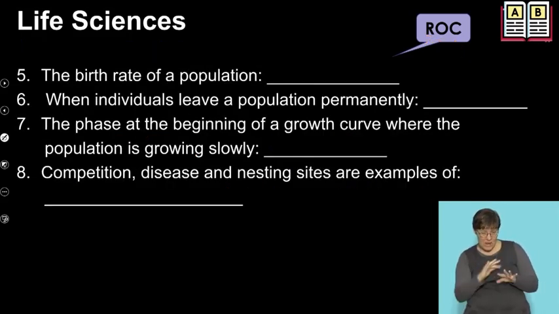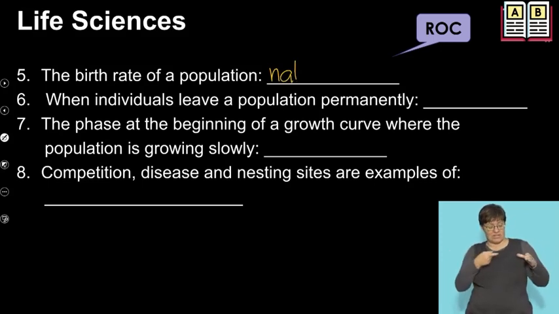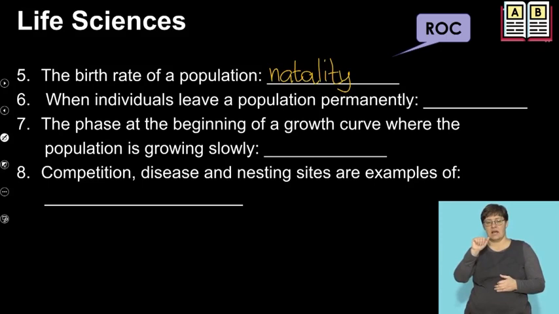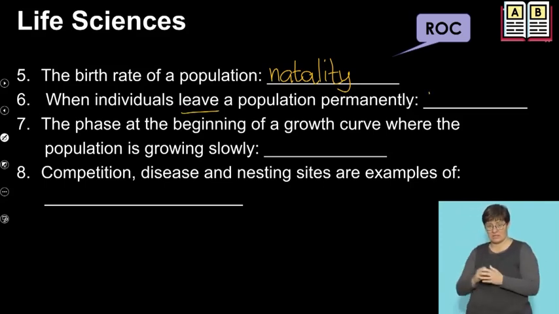Let's try to use the rock strategy. The birth rate of a population, and I know my terminology, I'm going to write natality. When individuals leave a population permanently, I think it's emigration.